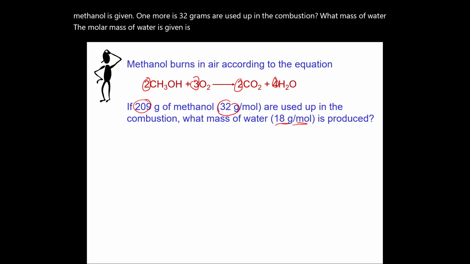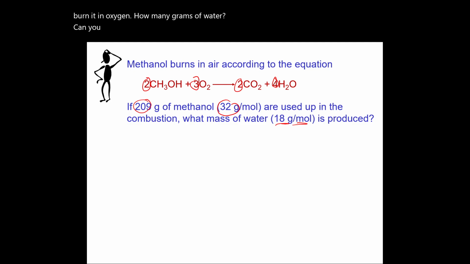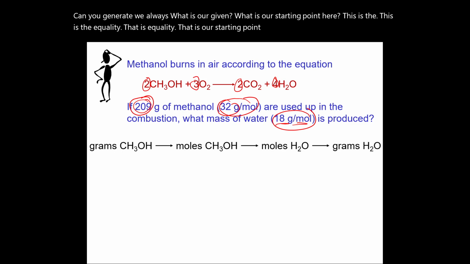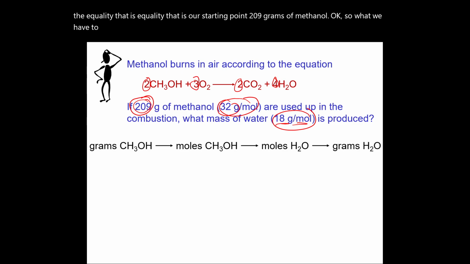So basically, you got 209 grams of methanol. If you burn it in oxygen, how many grams of water can you generate? What is our given? What is our starting point here? That is the equality. That is our starting point: 209 grams of methanol. So what we have to go, the target, we start with grams of methanol.